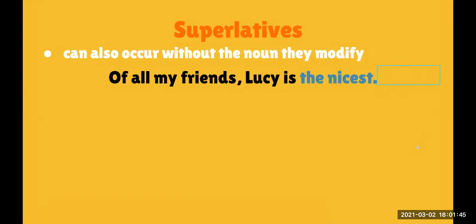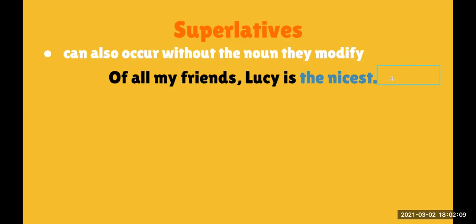Generally, we write a noun after the superlative, but we can also use the superlative in this way without the noun. You can say the nicest friend or the nicest person, but it is obvious that we are talking about a friend and a person, right?